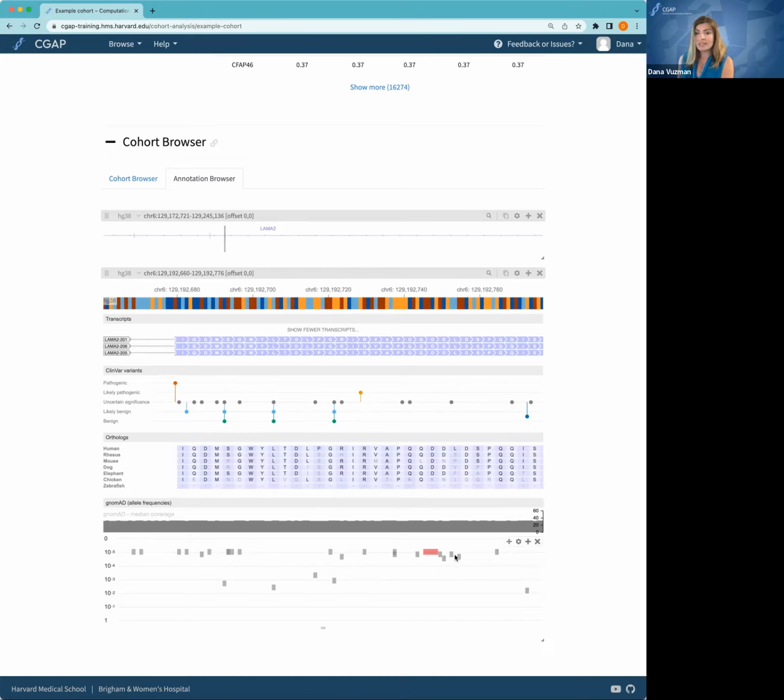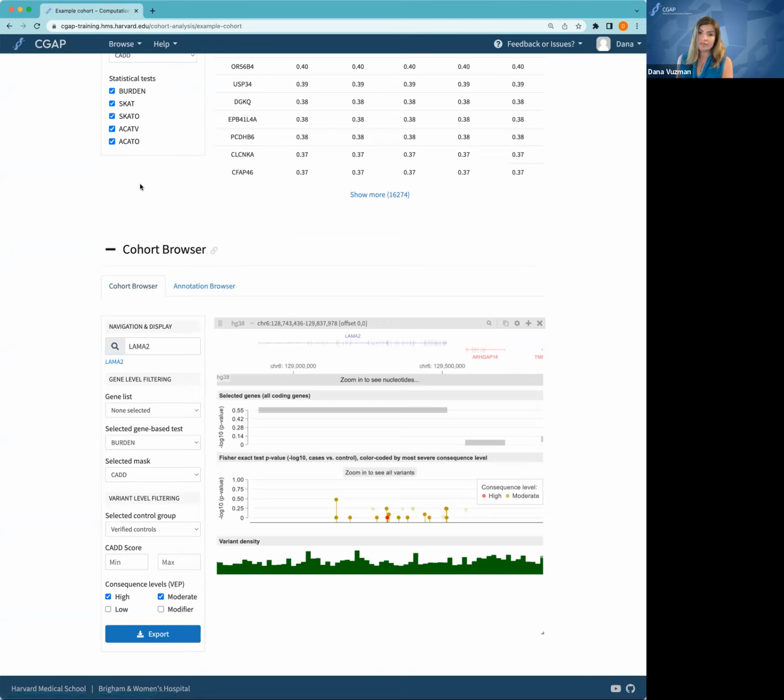So we can definitely get a lot of useful information from this annotation browser, and then come back to the cohort browser and focus on additional genes of interest, additional gene lists if we are interested, as well as selected control groups that could be either the verified control, which I'm reminding you were randomly assigned in our training portal, or you can control looking at the gnomAD version 2 data or the gnomAD version 3 data.